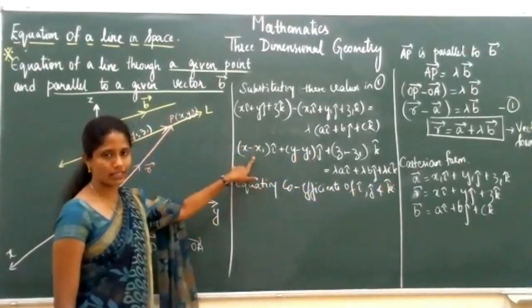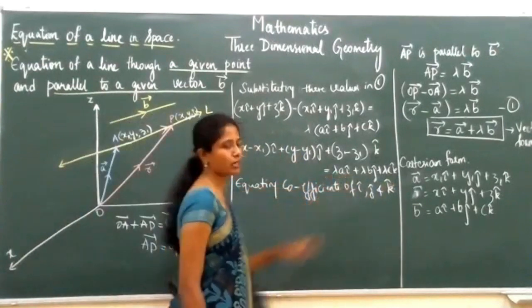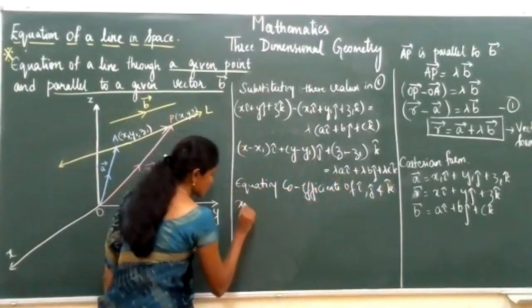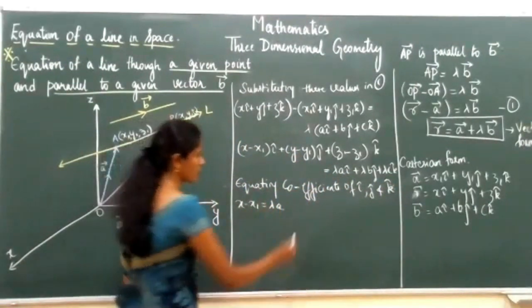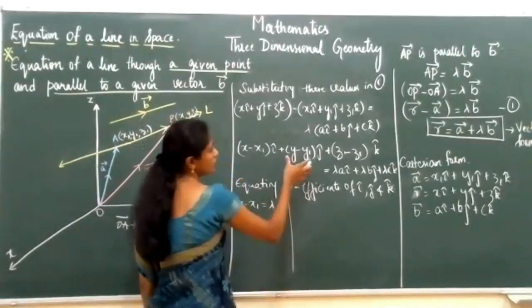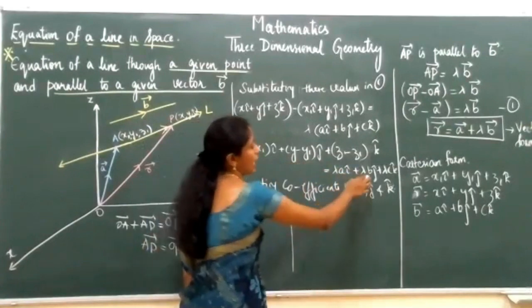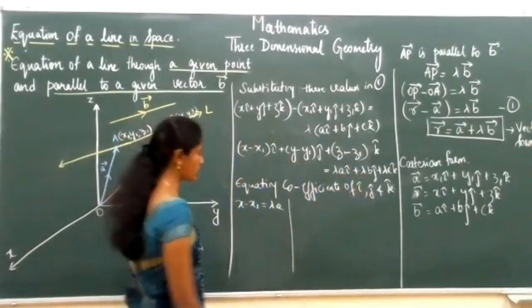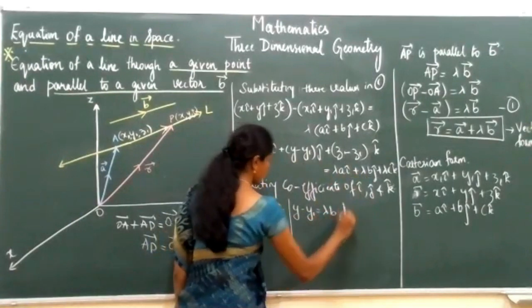It is x minus x1. And the coefficient of i cap on the right hand side is lambda times a. So, x minus x1 is equal to lambda times a. Next, the coefficient of j cap on the left hand side is y minus y1 and on the right hand side is lambda times b. Therefore, y minus y1 is equal to lambda times b.